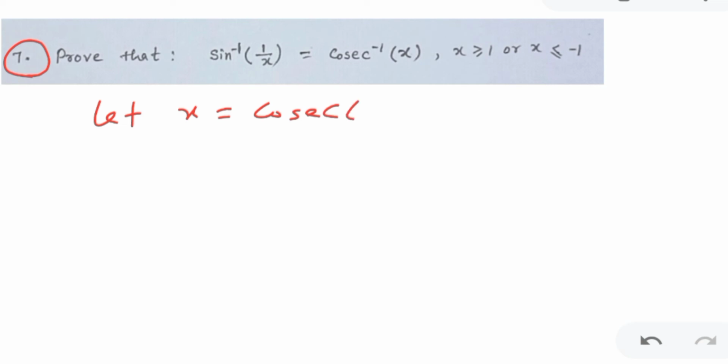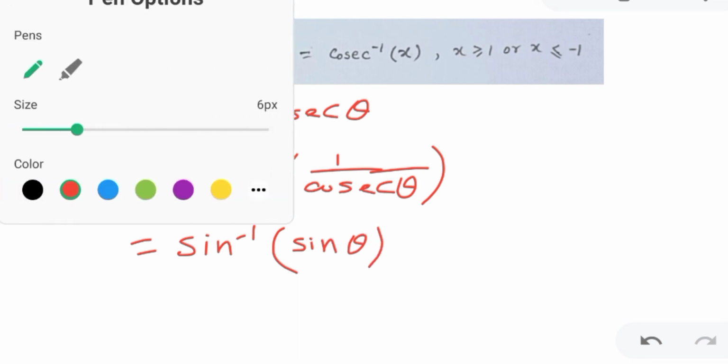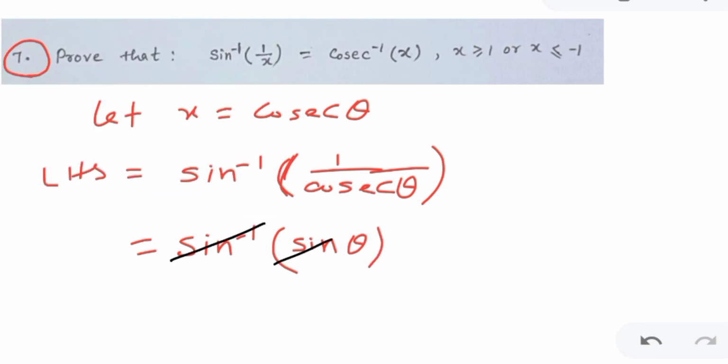If I am taking x as cosec theta, then our LHS will be sine inverse of 1 upon cosec theta. X I replace with cosec theta. And we know cosec theta is equal to 1 upon sin theta, the opposite. So 1 upon cosec theta I can write as sin theta. So sine inverse sin theta, sine will go, only theta will remain.